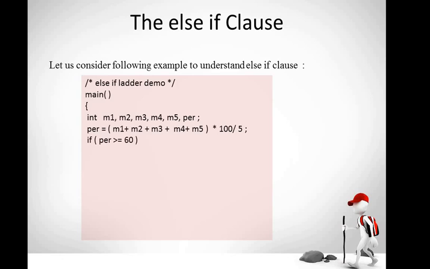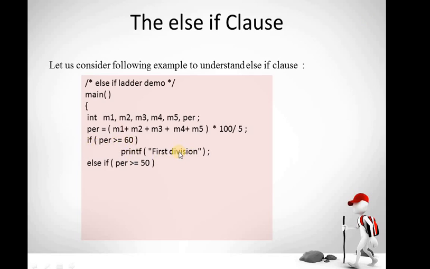Now what I want to do is classify that particular student, whether he or she gets a distinction, first class, second class, like that. So if percentage is greater than or equal to 60, then first division. Else, what will happen? If percentage is greater than 60, then only this printf first division will be executed.